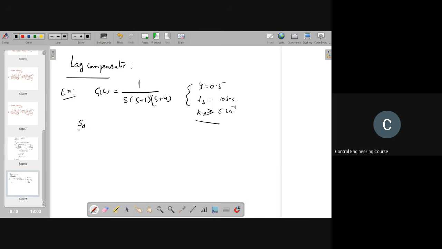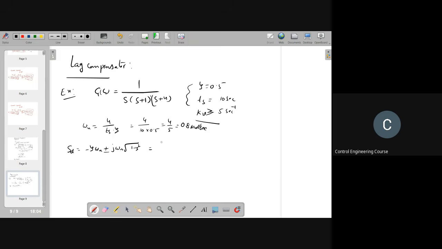Omega n is 4 by settling time into zeta, which will be 4 by 10 into 0.5, that is 4 by 5, equal to 0.8 radians per second. So this is your omega n. So now s_d is minus zeta omega n plus or minus j omega n into square root of 1 minus zeta square.